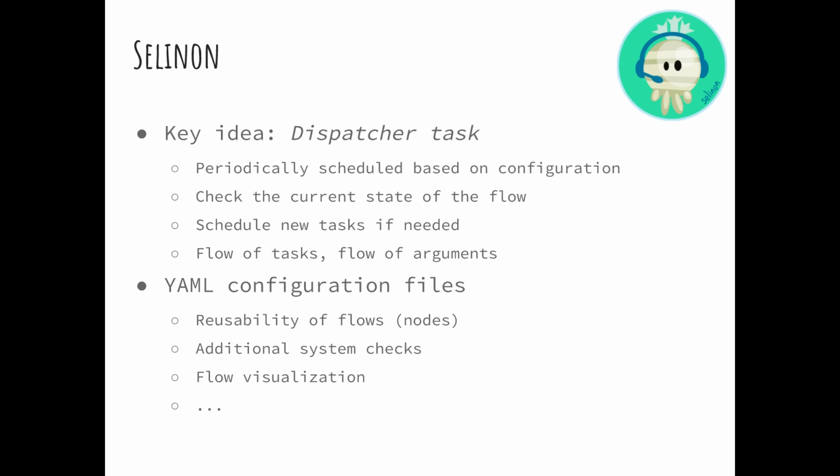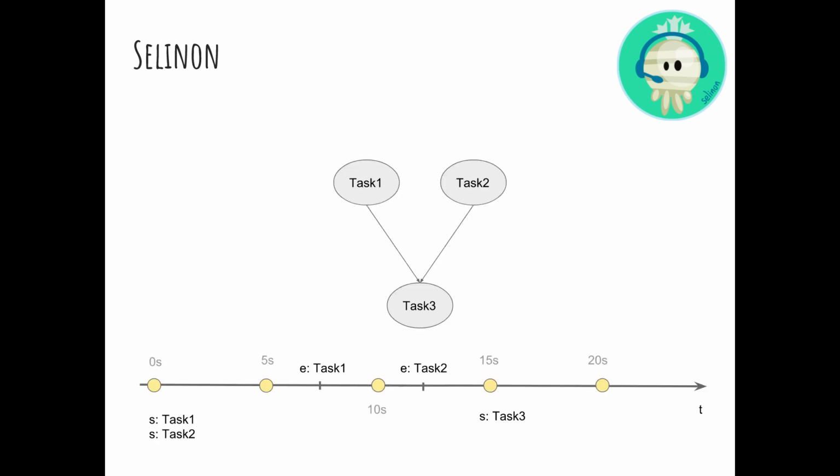So you are sure that you always have a working system based on your declarative YAML configuration file. Selinon also offers you flow visualization, so if you have different flows, you can visualize them, and it's easy to inspect how your cluster behaves based on these visualizations. Basically, all visualizations in this presentation that were from a YAML configuration file were created using the Selinon CLI.